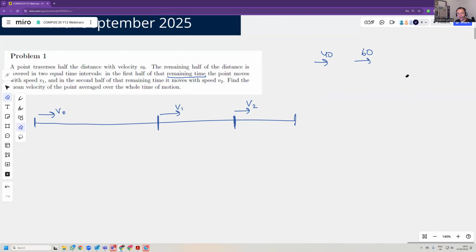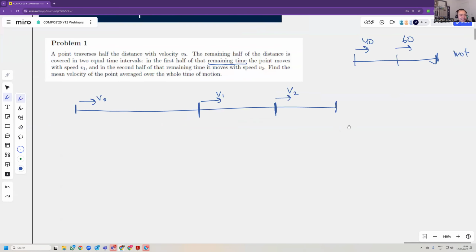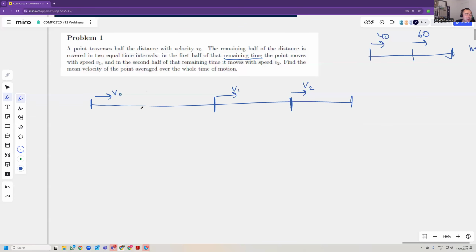Average speed is not 50. Right, so we know that the average speed is the total distance divided by total time.